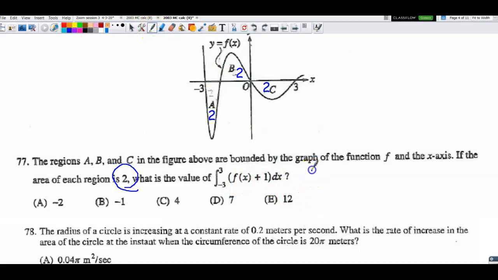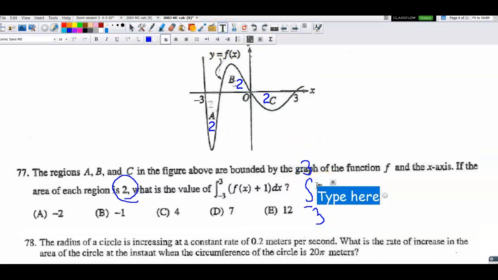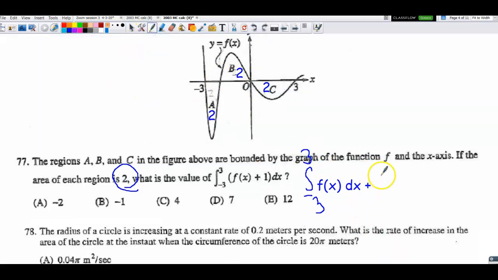So we're going to use our integral properties to break this into two integrals. I would go from -3 to 3 of f of x dx plus another integral from -3 to 3 of 1 dx.